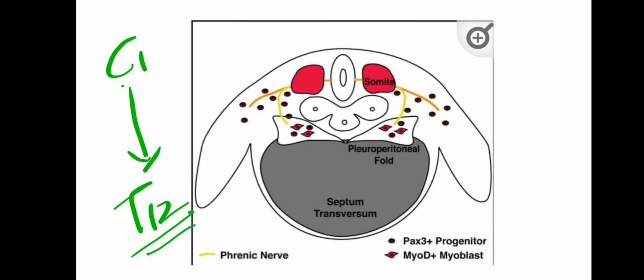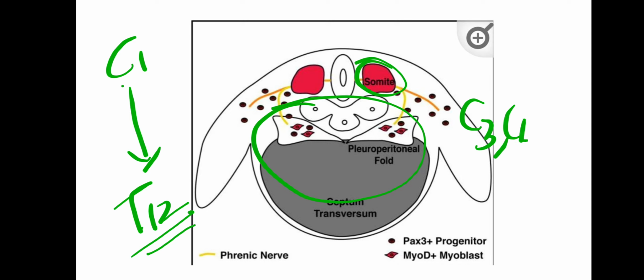Though it has come down, by development the muscle cells are from the cervical somites, and that's why the innervation is also by the same somites, that is here the phrenic nerve, and that is how the course of the phrenic nerve is explained.